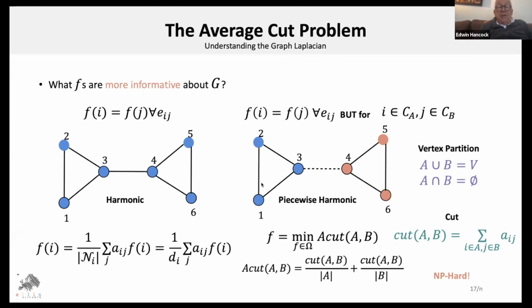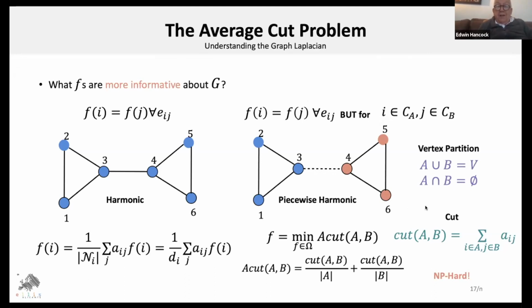And what I want to do is to set this problem up so that we can define it in terms of a cut problem. What I'm going to do is define a cut associated with bipartitioning the graph into two disjoint sets of nodes. And the cut is defined on the left-hand side of the screen.